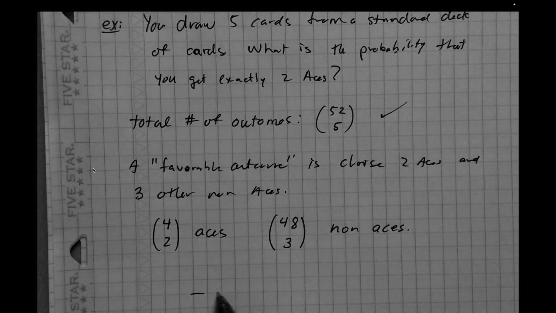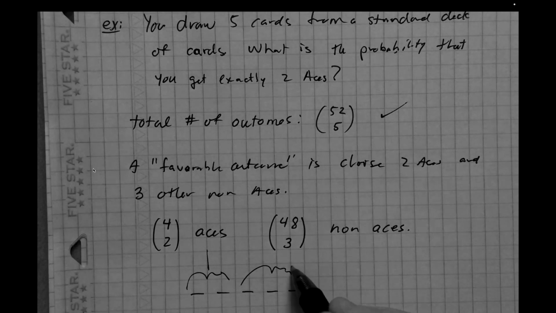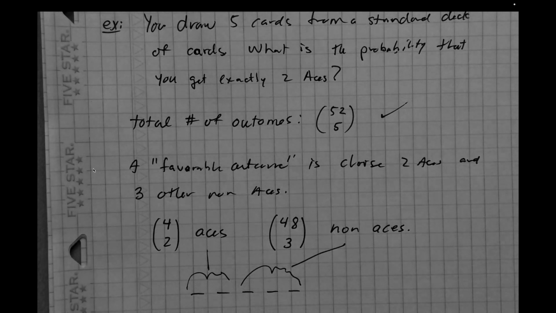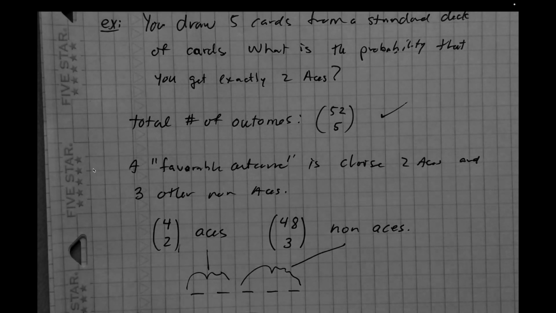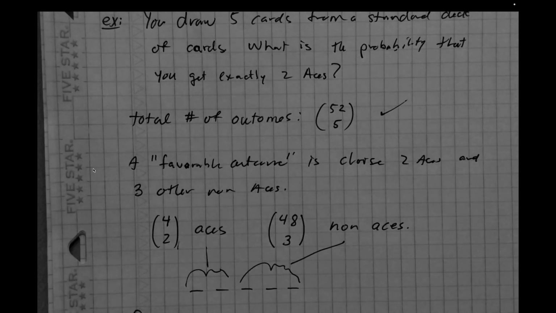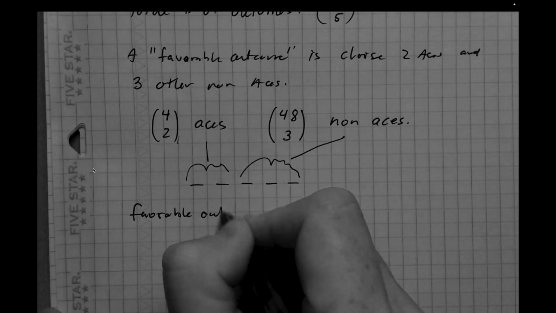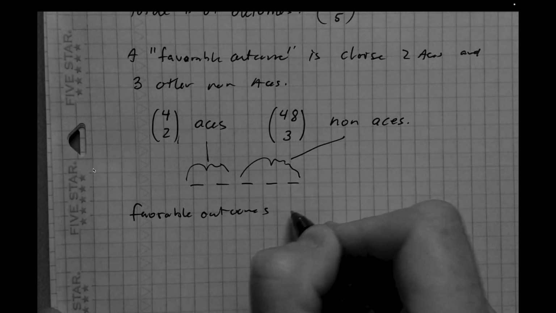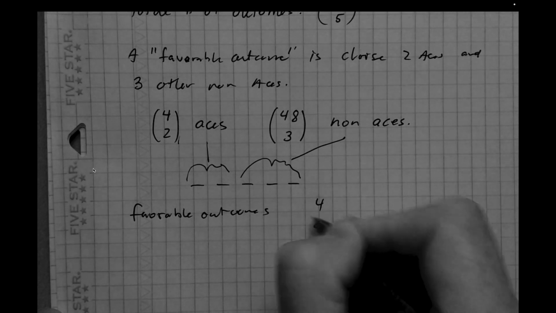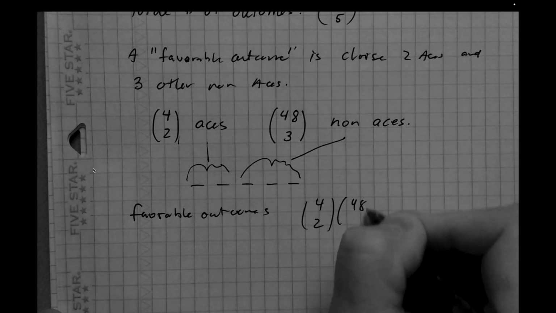I need 5 total cards: 2 of them need to be aces, and the other 3 need to be non-aces. Now these selections are totally independent, so we can just multiply. The favorable outcomes number 4 choose 2 times 48 choose 3.